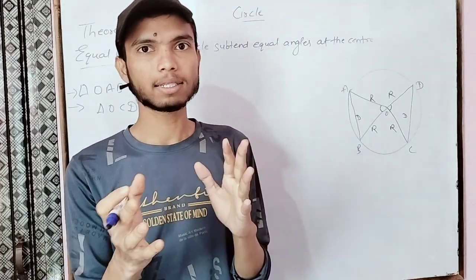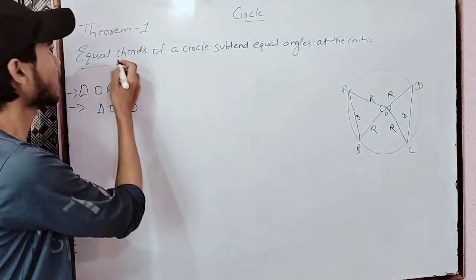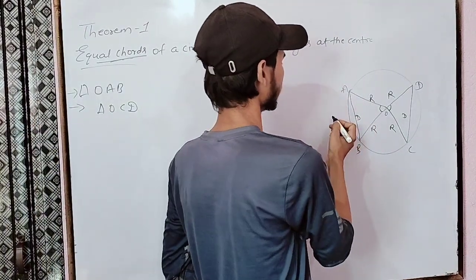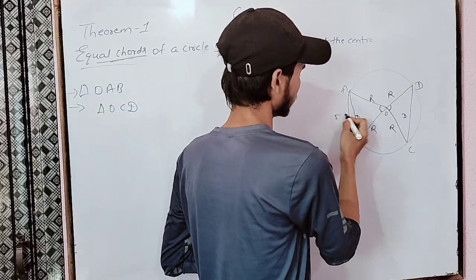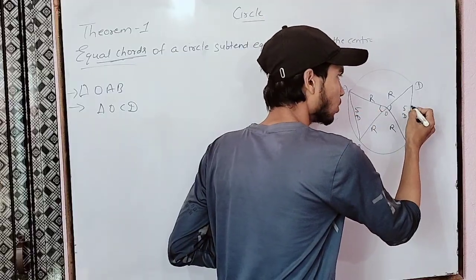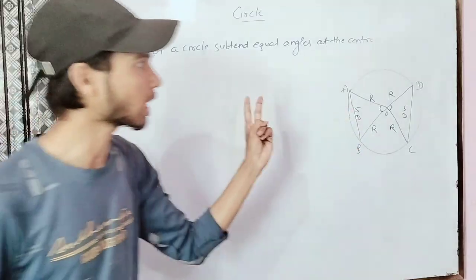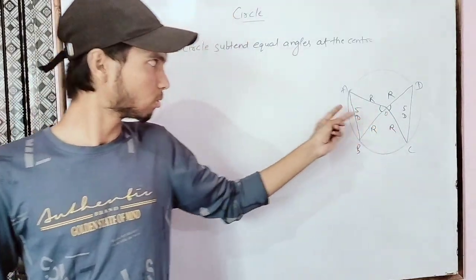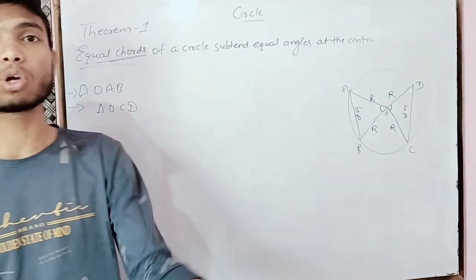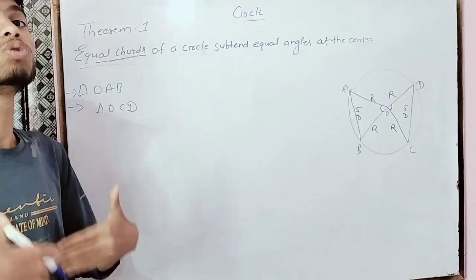Both angles are 60 because of the chord. The measure of this chord is, let's say, 5 and 5, and the measure of this chord is also 5. That's why both angles of both triangles will be the same. This is a theorem, a statement which is a universal truth.